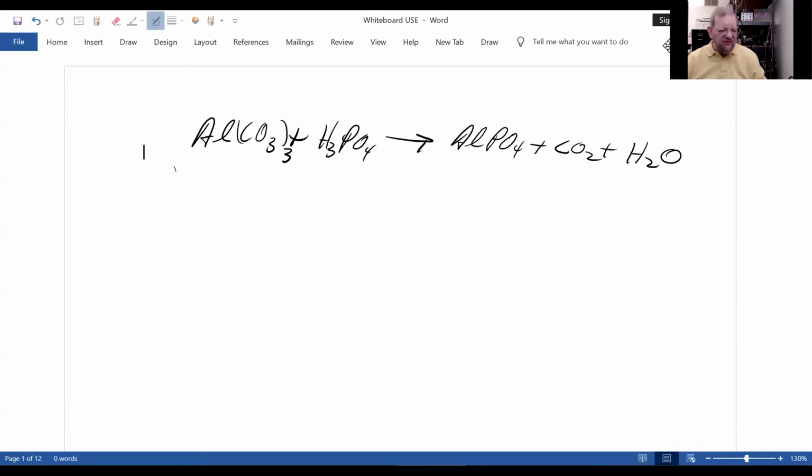When I did it last week, I had mistakenly written this down as a 2, not a 3, which is why I couldn't balance it. But anyways, I'm going to let you try it first. Remember my advice: leave oxygen and hydrogen last. And I messed up again. There we go, now it's correct. So go ahead and balance it, and then I'll do it.